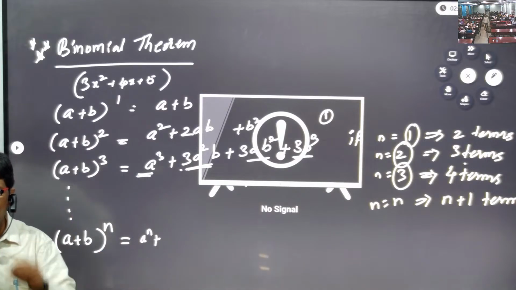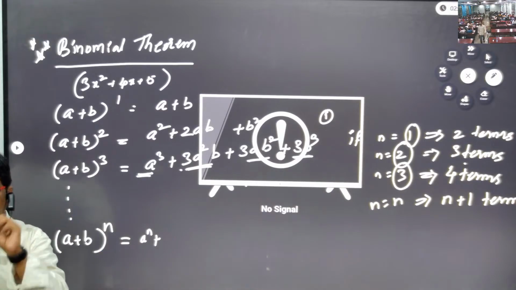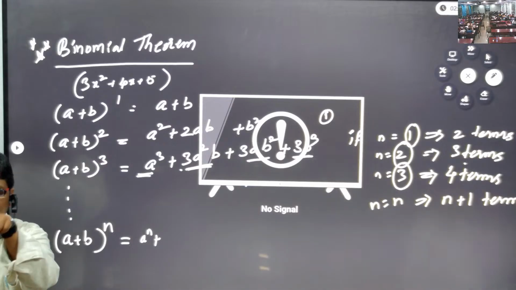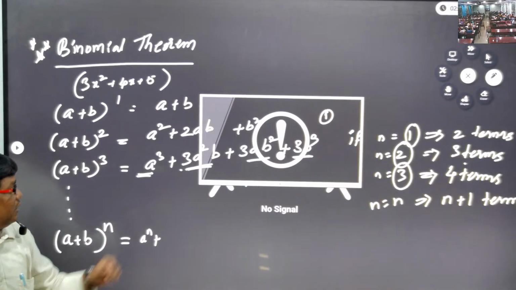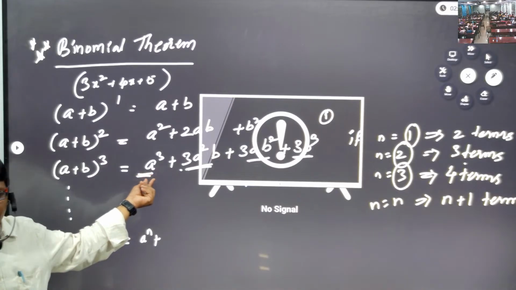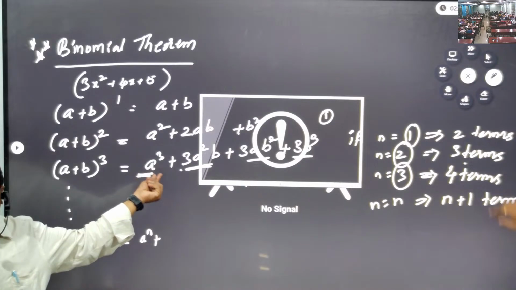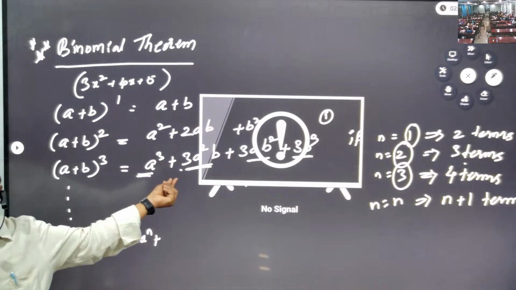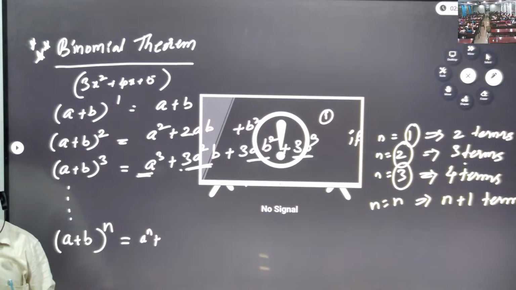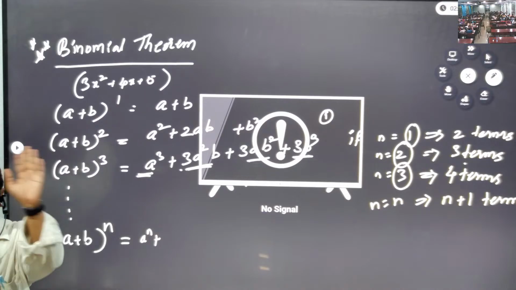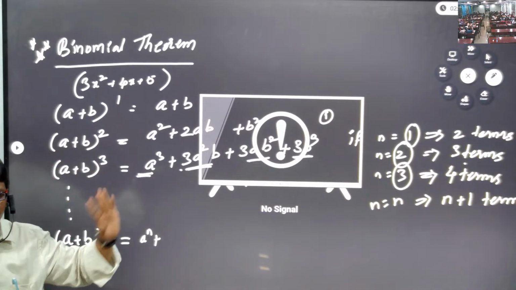Let me check. We are checking (a + b) whole power 3, that is (a + b) whole cube.